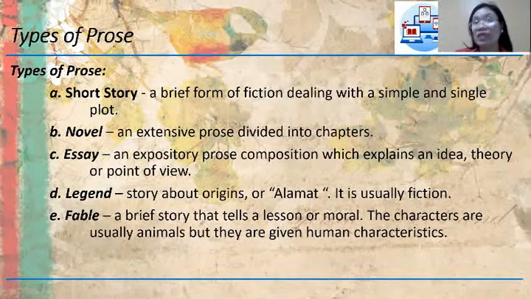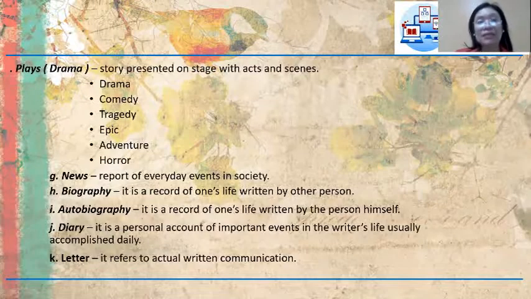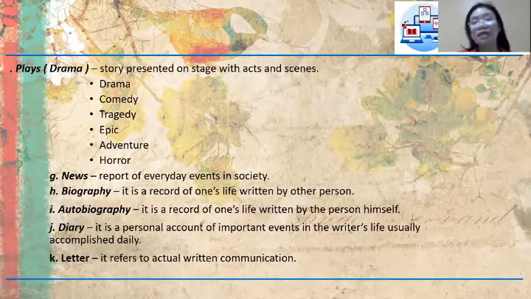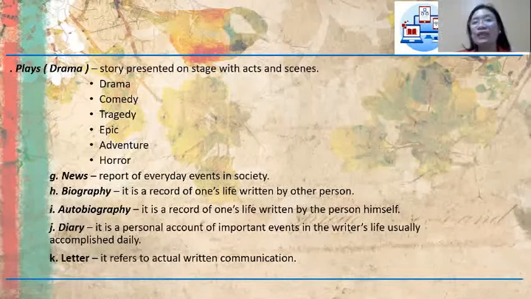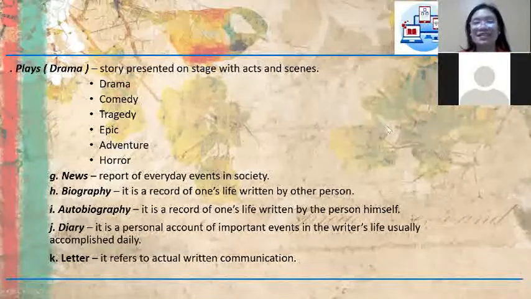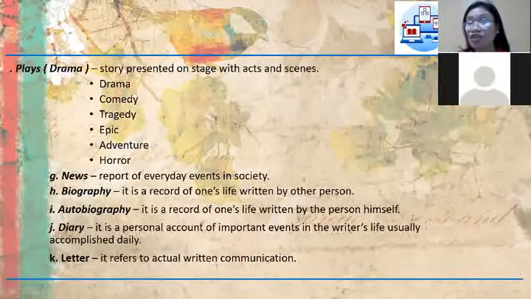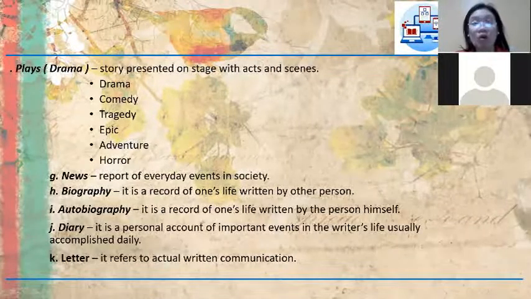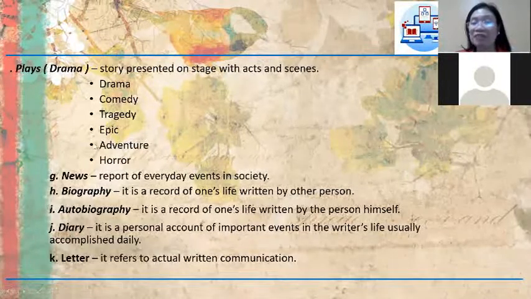The story of the grasshopper and the ant, and so on. And then plays or drama. It is a story presented on stage with acts and scenes. It can be drama or the tear-jerking one. It could be comedy. It could be tragedy, epic, adventure, or horror.